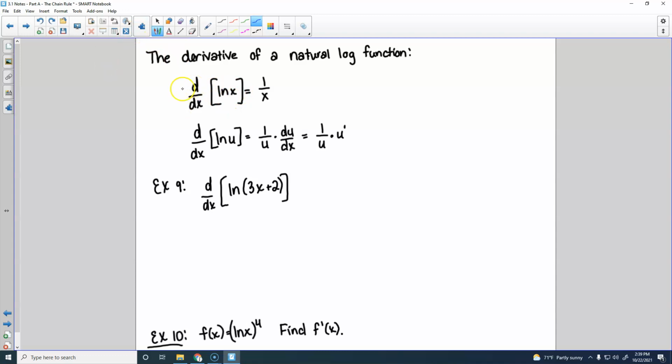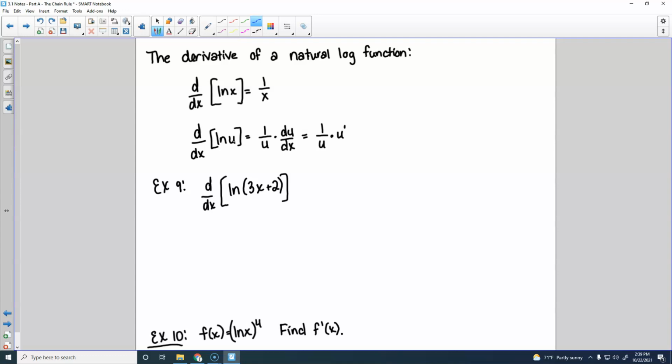So we already know natural log of x, derivative is 1 over x. Hopefully. All right. So if we are going to take the natural log of u, let's say u could be anything here. u might just be x, but u could be x plus 2. It could be x squared. It could be 3x minus 4x squared plus 7.